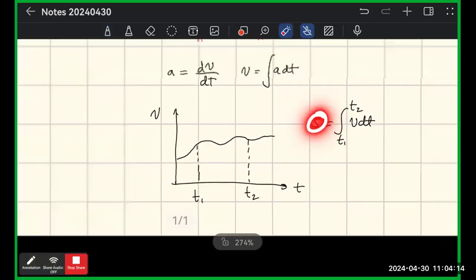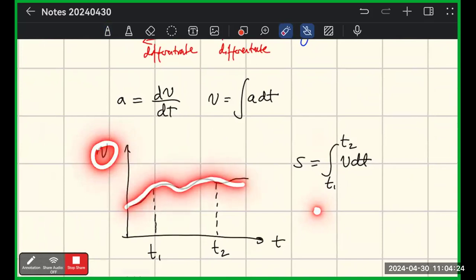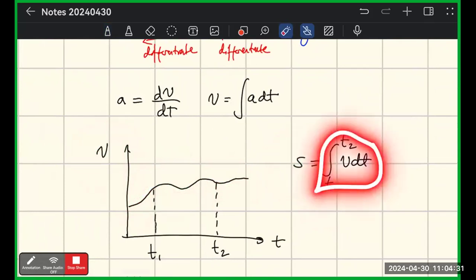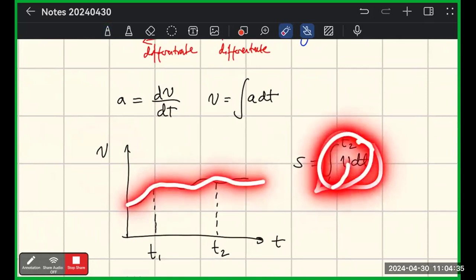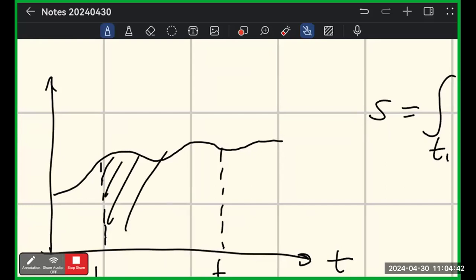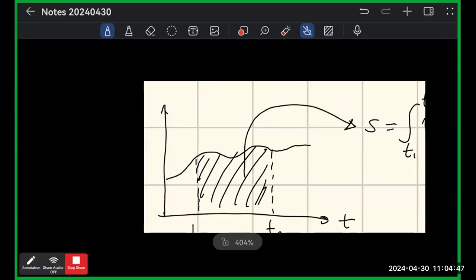So if you have a point that moves with a certain speed represented by this graph, it will move this much displacement with this formula. But if you are given a graph, this formula can be represented as the area under this curve. This is basic math stuff also.